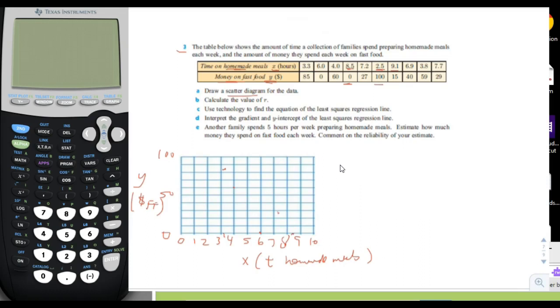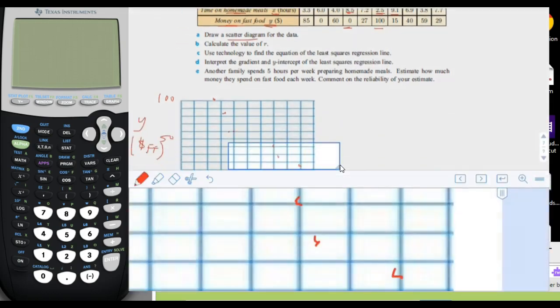There we go. 2.5, comma, 100. There. 9.1, comma, 15. Okay. 6.9, comma, 40. Okay. And 3.8, comma, 59. Okay. 7.7, comma, 29. Okay.